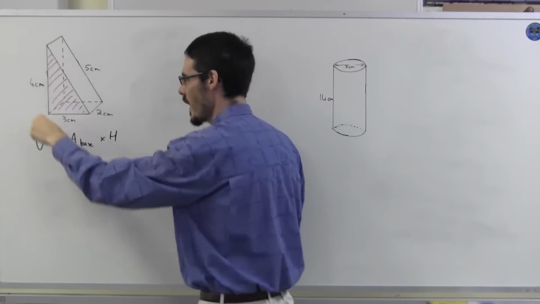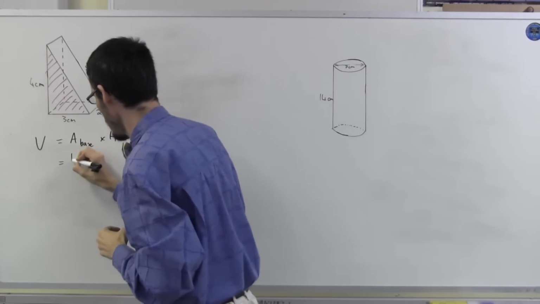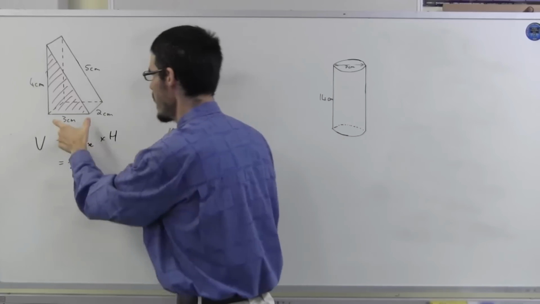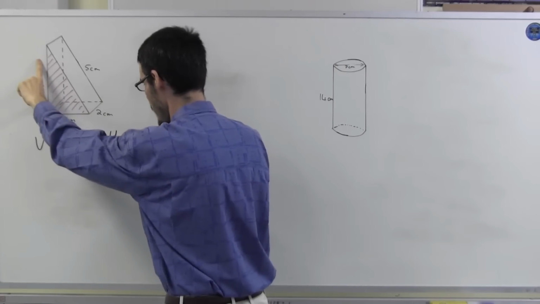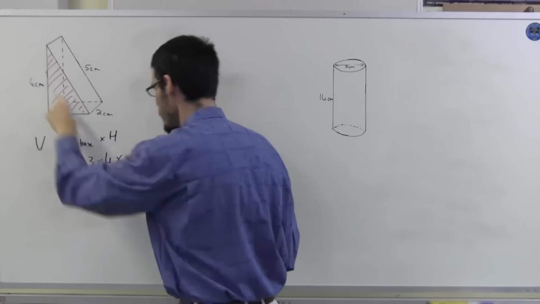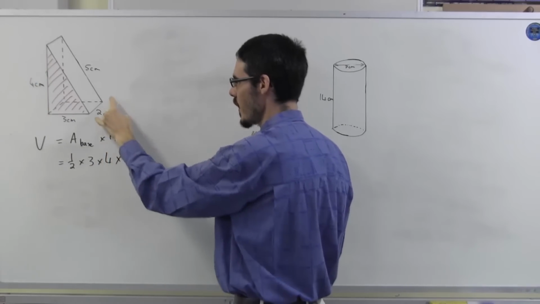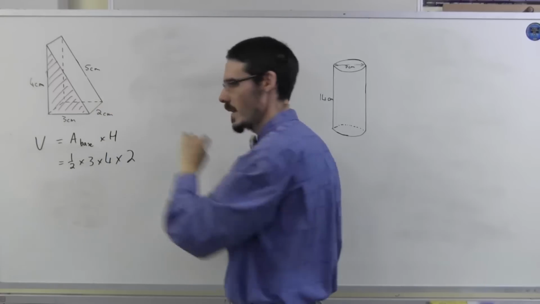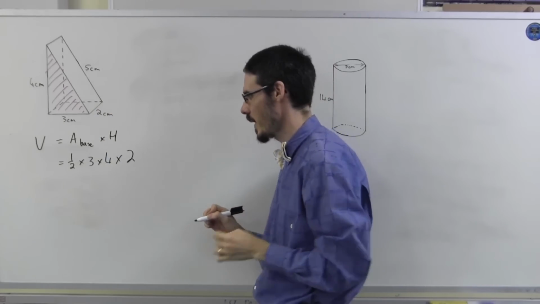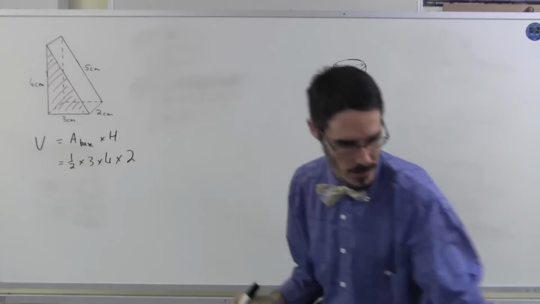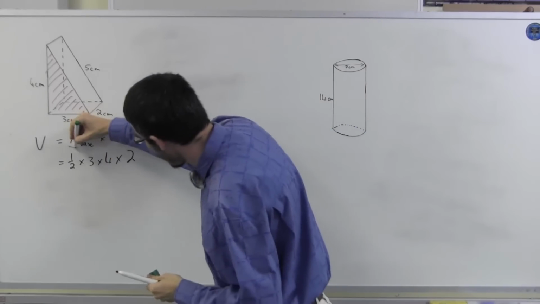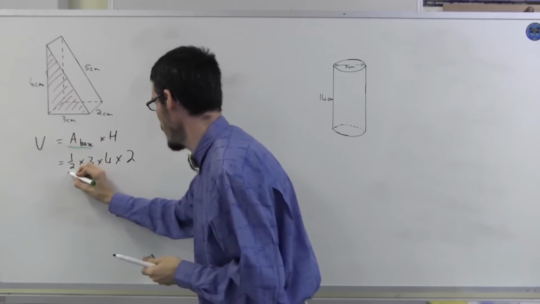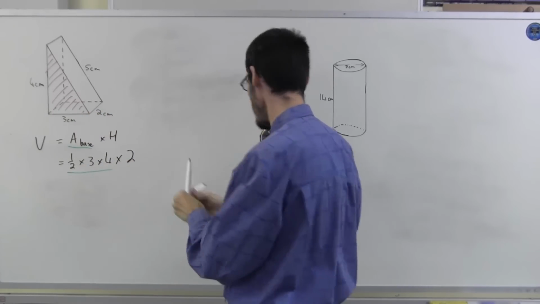So, what shape is the base? It's a triangle. That's going to be half the base of the triangle times the height of the triangle multiplied by the prism height, which is 2. Let me go over that once more. The area of the base is half base times height.